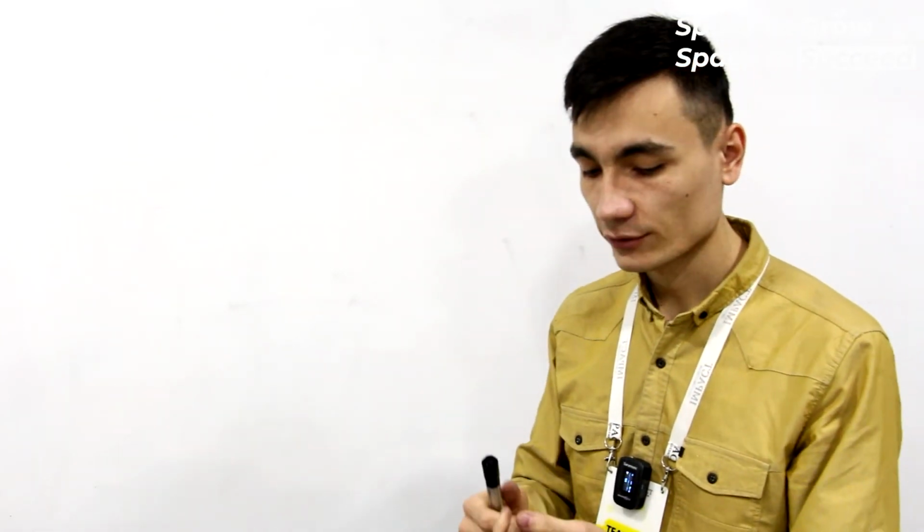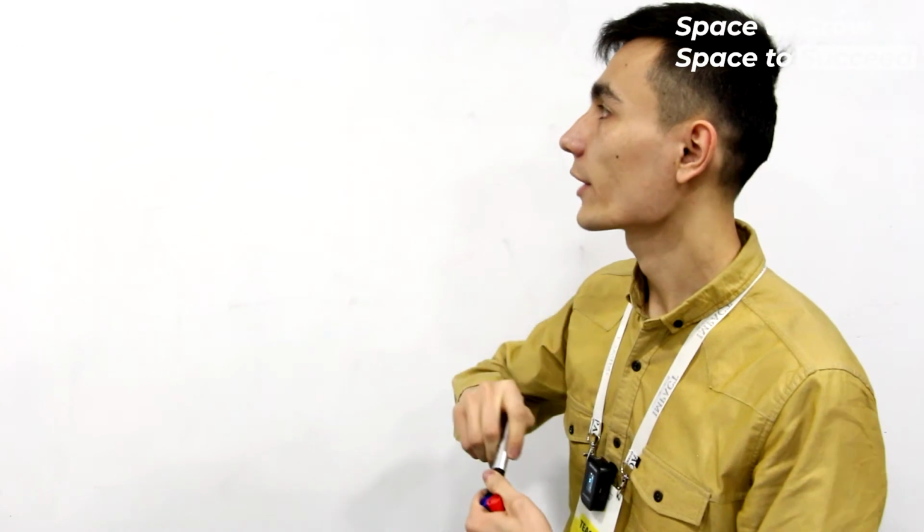So let's start with the beginning structure, the introductory structure. I'm not going to write with different markers. I'm going to write with black, and I'm going to mark important parts with the other two markers.